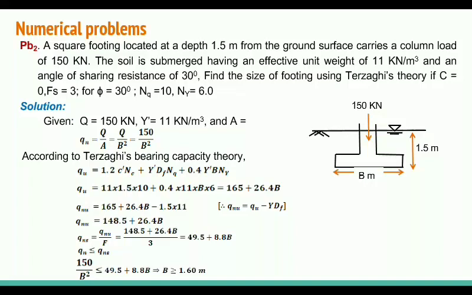In this equation only B is unknown. By solving this equation, we get B equal to 1.6 meter. It will come around 1.54, but approximately we can write 1.6 meter. So the size of the footing will be 1.6 into 1.6, in the shape of a square, right?